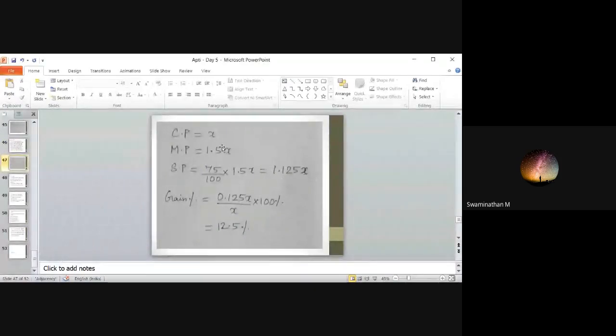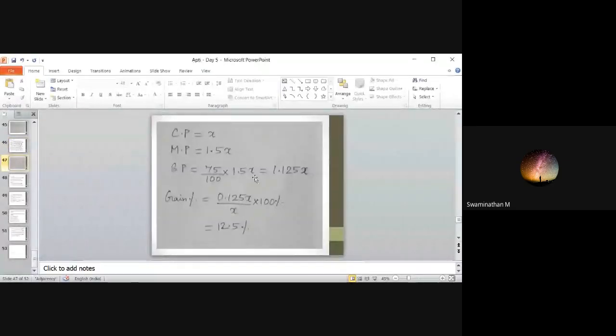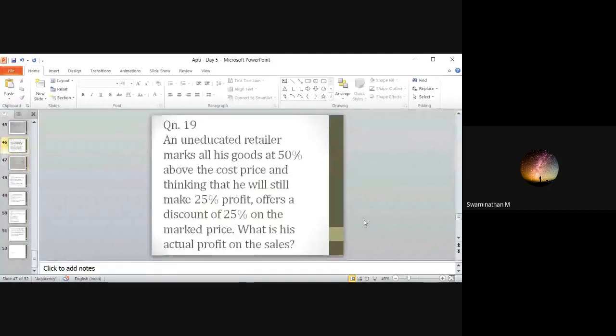So the cost price is X and the selling price is 1.125x, so he's gaining 12.5%. By directly seeing the question itself, you can answer if you are good at profit and loss. Otherwise, these are the steps. But you have to be very quick because time is a major factor. So, clear with all these 19 questions? Understood?